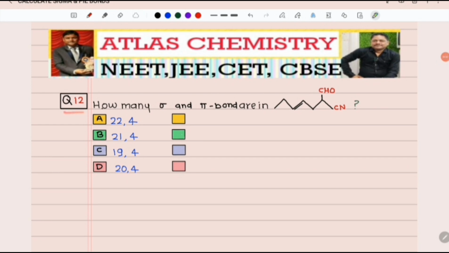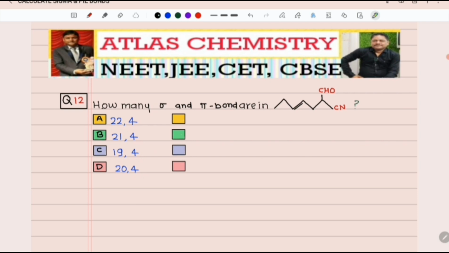Question number 12 asks how many sigma and pi bonds are in the given compound. The options are 22 sigma bonds, 4 pi bonds; 21 sigma bonds, 4 pi bonds; 19 sigma bonds, 4 pi bonds; and 20 sigma bonds, 4 pi bonds.